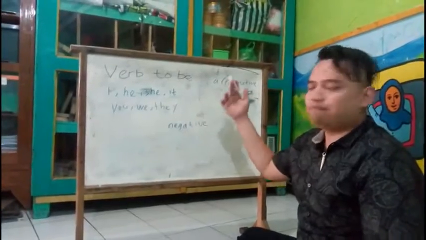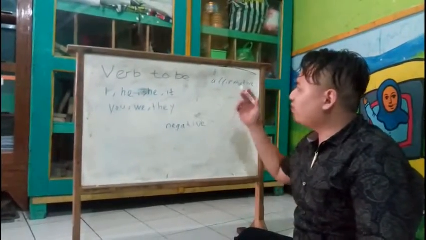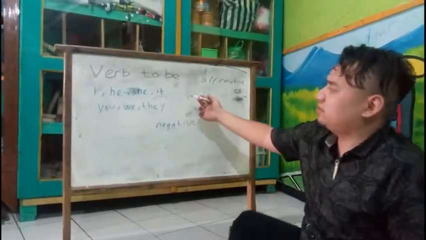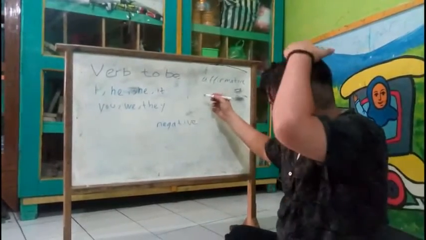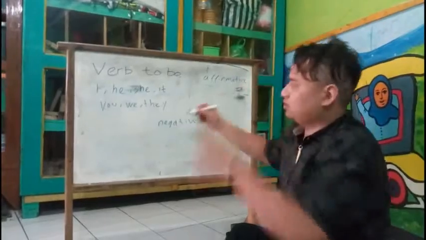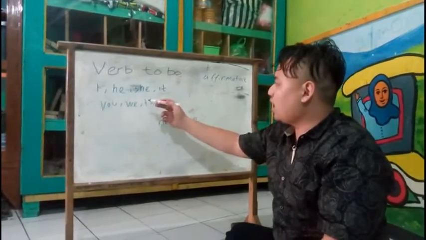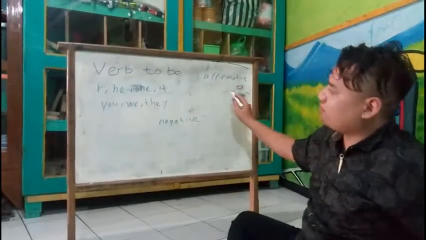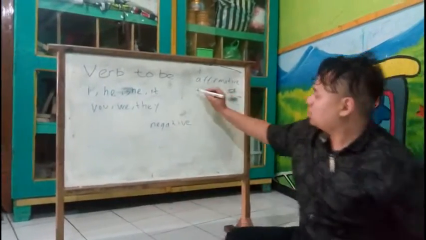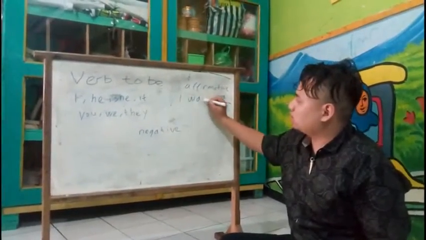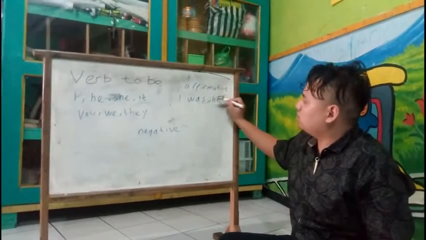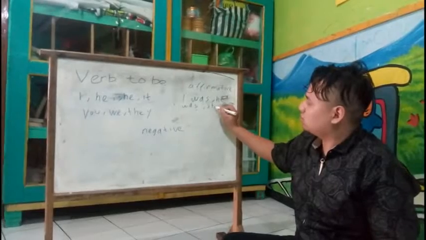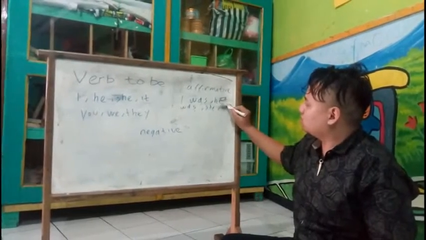When it comes to the past, the verb to be changes its form again. Here is the new form in the past. I, he, she, it. In the affirmative form, it becomes I was, he was, she was, and then it was.